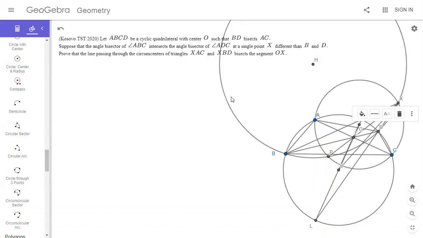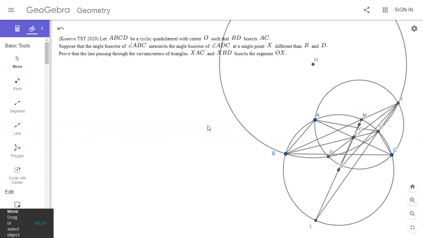Since L, M, and E are collinear, P is the Miquel point. Okay, so you don't think you actually use that LPED is cyclic.